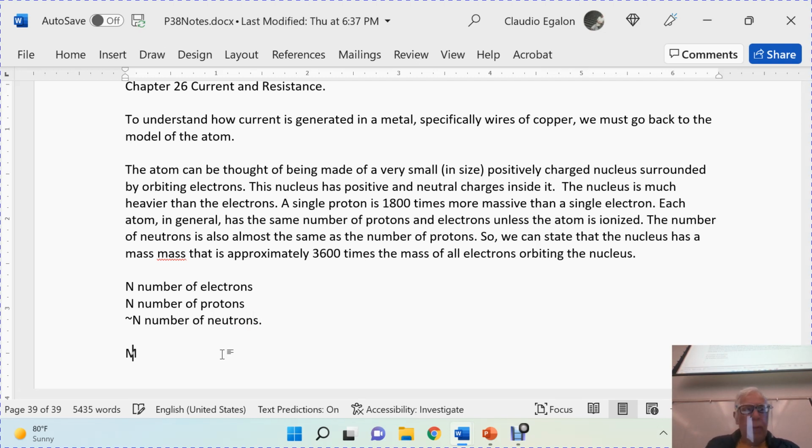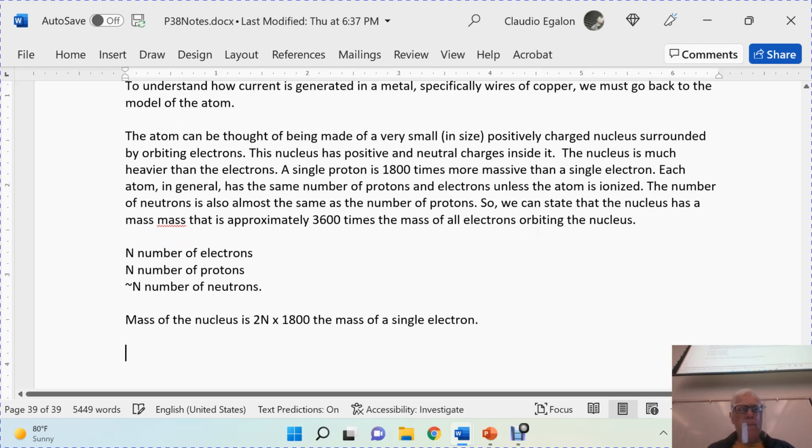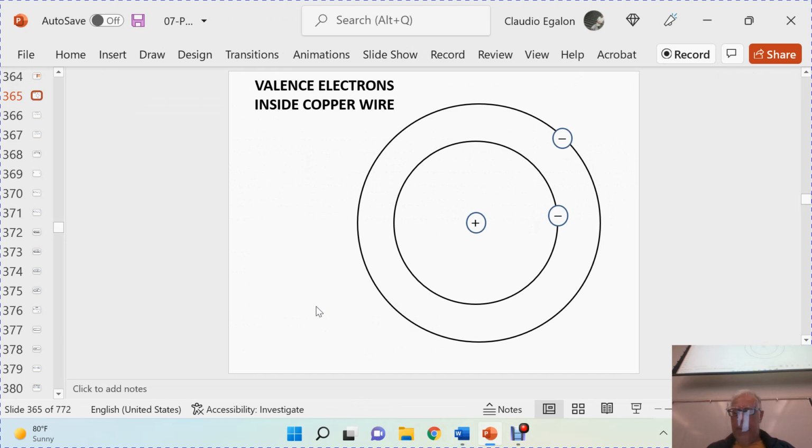Mass of the nucleus is 2n times 1800 times the mass of a single electron. That's the picture that you have to have about this.